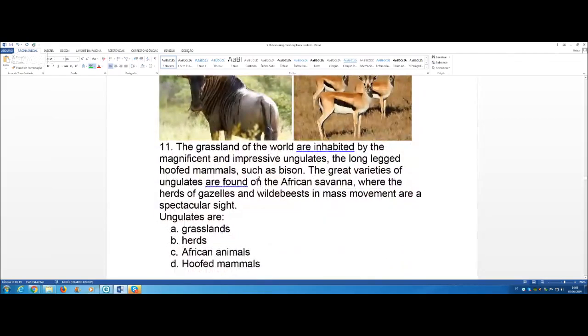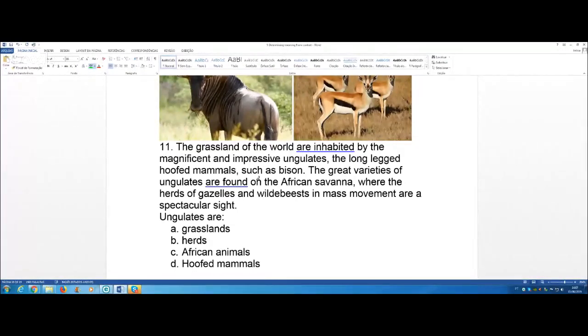The grasslands of the world are inhabited by the magnificent and impressive ungulates, the long-legged hoofed animals such as bison. The great varieties of ungulates are found on the African savanna, where the herds of gazelles and wildebeests in mass movement are a spectacular sight.